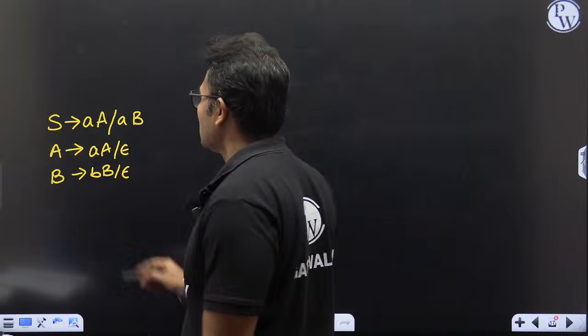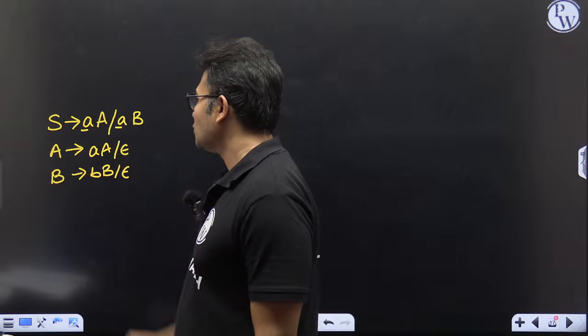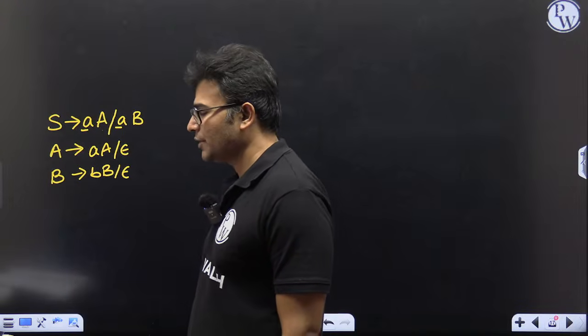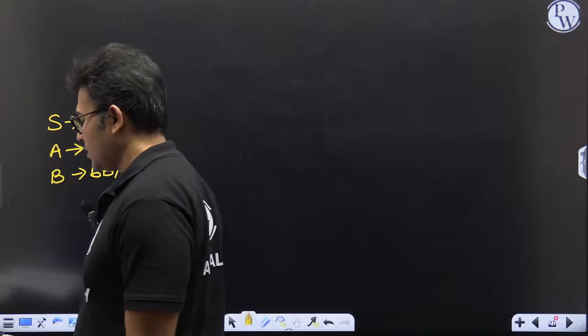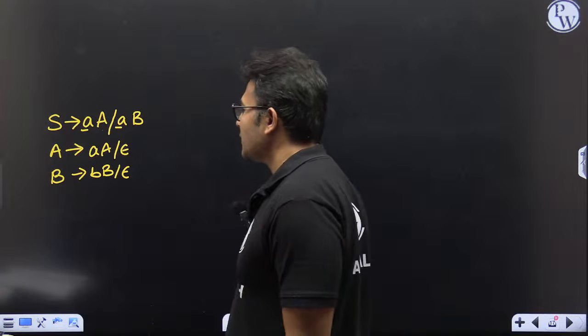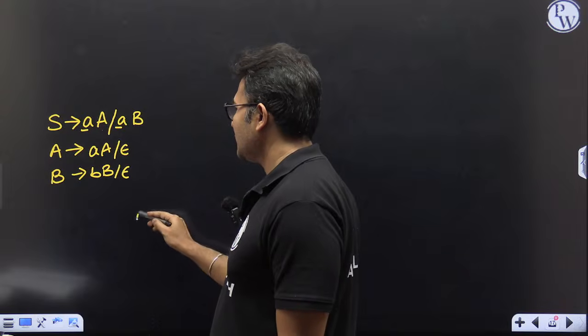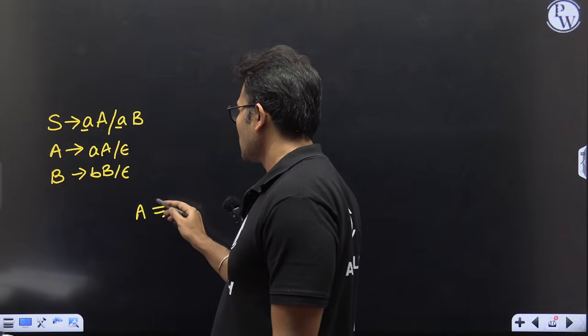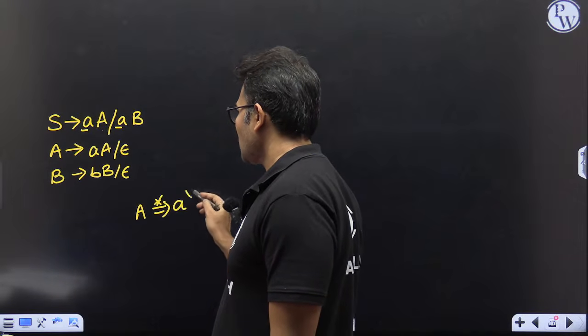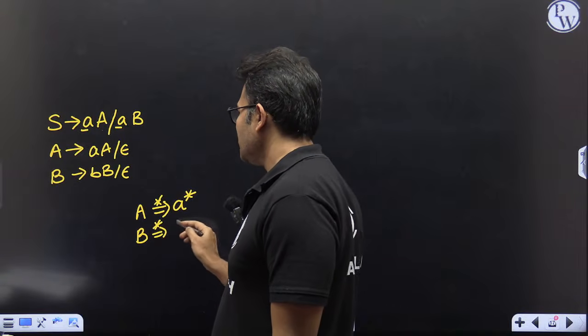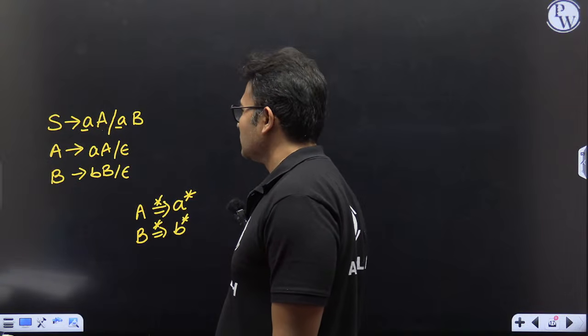Anyway, A is common in both of them, and let us see if A and B generate any common string. What does A generate? A generates A star. What does B generate? B generates B star, right?